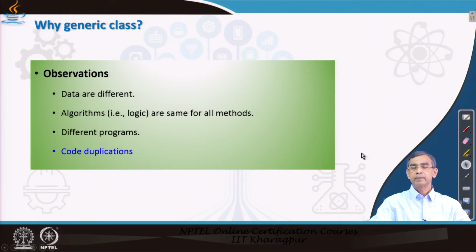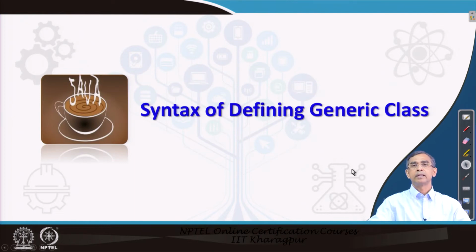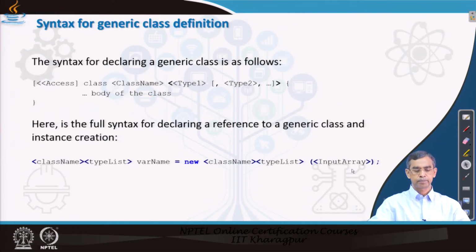If the types are different, but logics are same, then we should not go for writing different programs, rather we can avoid code duplication. Now, here is the idea about how a class, that means a program, can be made generic so that it can take care of any type of data to run.